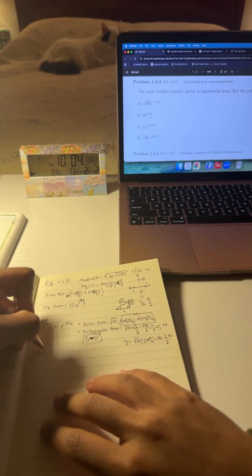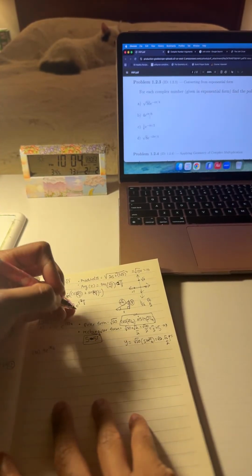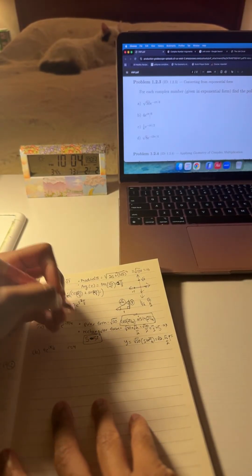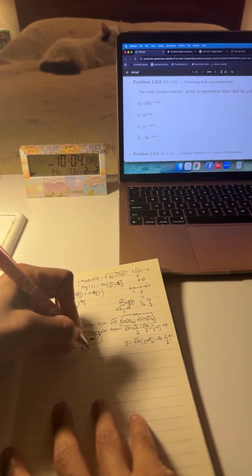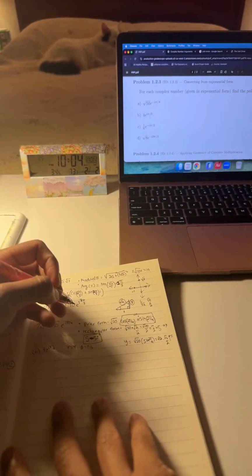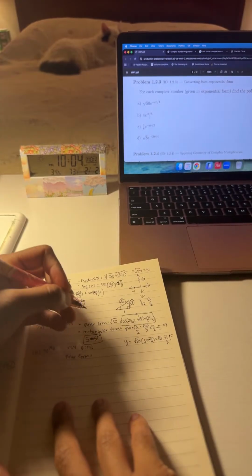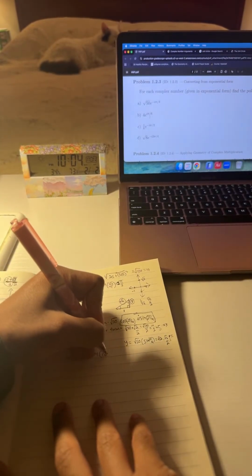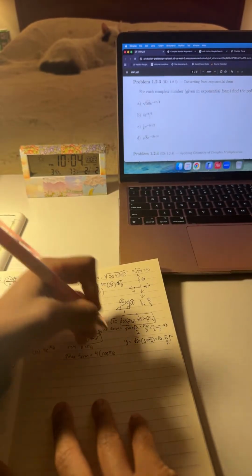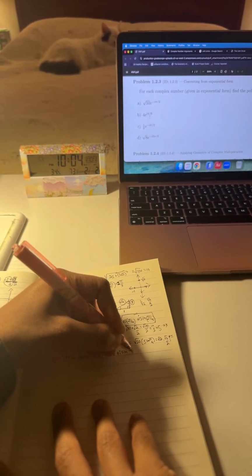Alright, for b, we have 4 e to the I pi over 6, where r is 4, and theta is pi over 6. So, let's see, polar form equals 4 times cosine of pi over 6, it's not negative this time, plus I sine pi over 6.